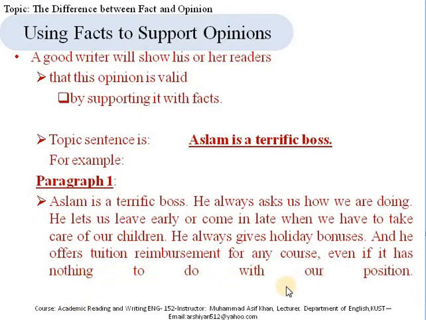Notice how the topic sentence states an opinion, whereas the rest of the sentences within this paragraph support the opinion. The rest of the paragraph supports the opinion with facts about how Aslam treats his employees.